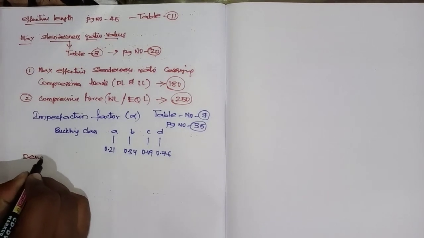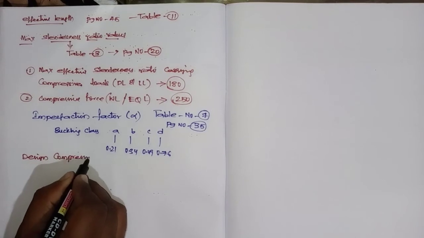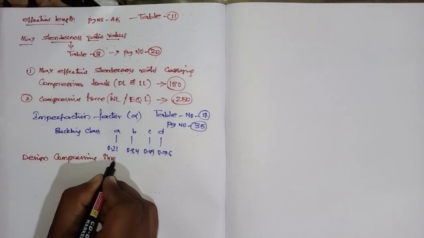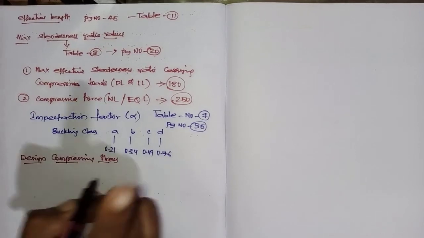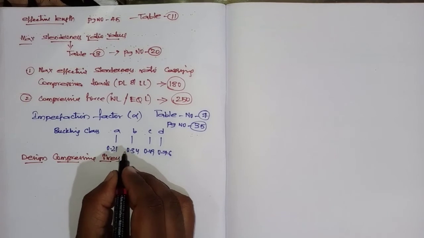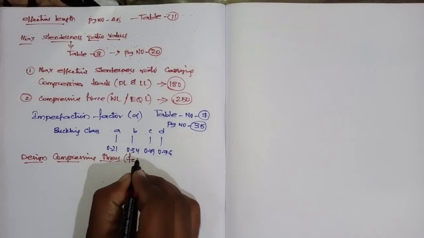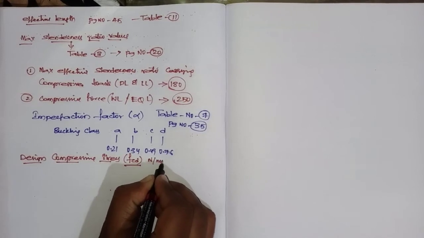design compressive stress. There, permissible design tension stress is FTD. Here it is FCD. Stress we are talking about, right? FCD in Newton per mm square.